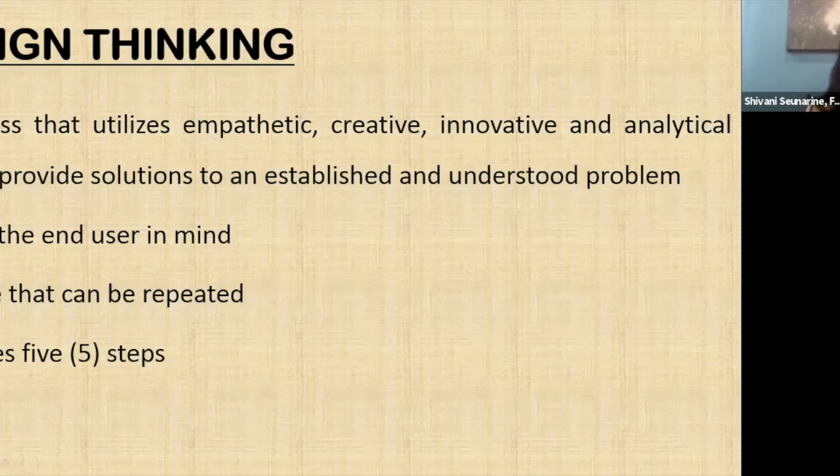What do we need to do with design thinking? We need to keep the end user in mind. Who are we producing our products for? Who are we servicing? Because design thinking is not only for a product, but I mean, you're part of the service industry also. It is a cycle that can be repeated.